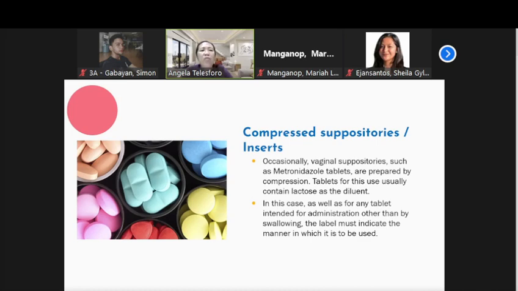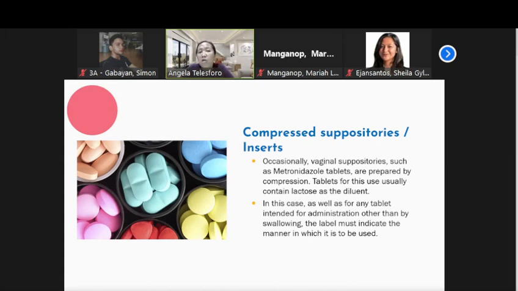So, ang mga suppository, like this one, metronidazole, which is used for protozoan infections in the genital area. Kasi metronidazole, we use that for amoeba, but there is also protozoan infection in the genital area wherein we use metronidazole.